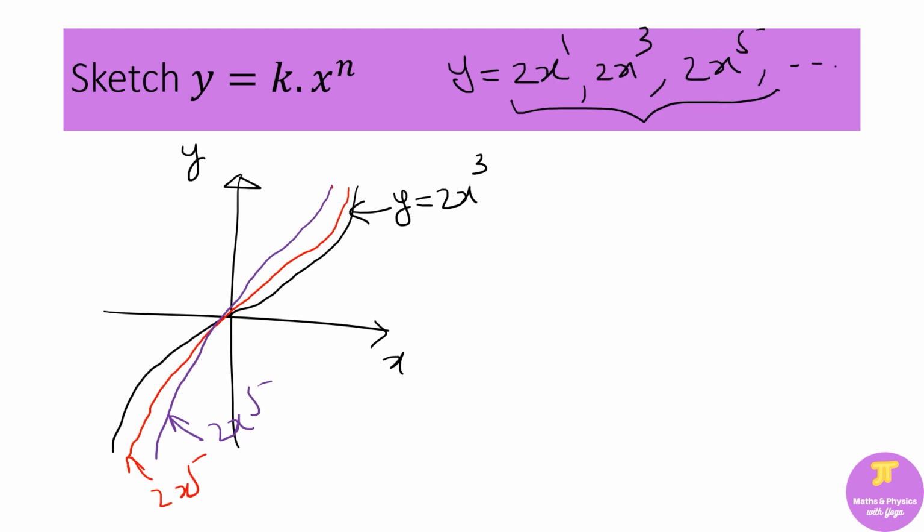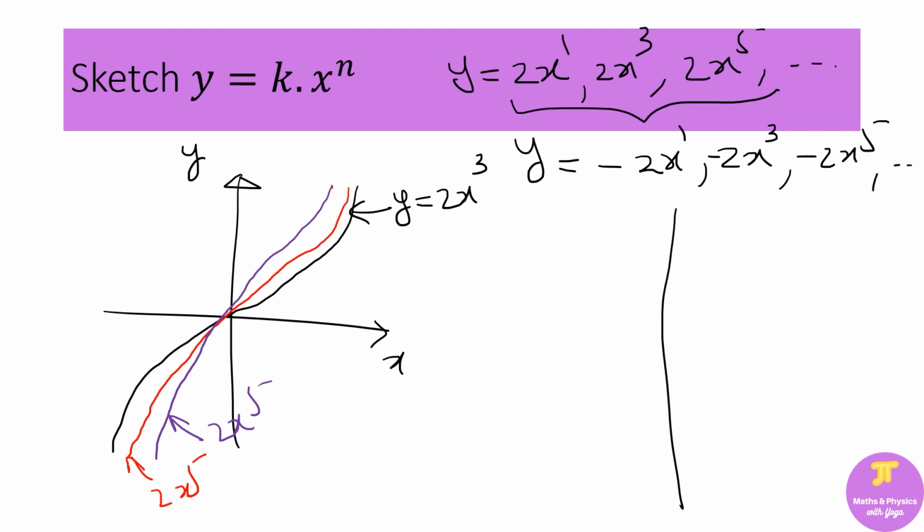What about y equals minus 2x to the power 1, minus 2x cubed, minus 2x to the power 5, and so on? If it is a minus coefficient, then this would be like this.